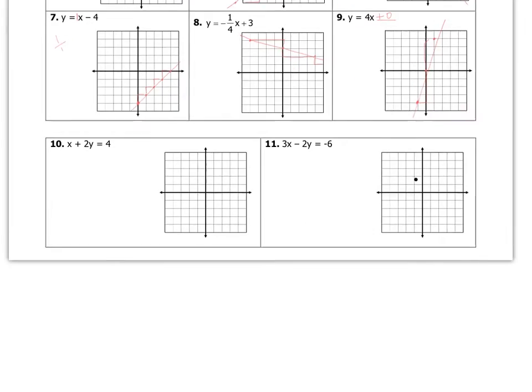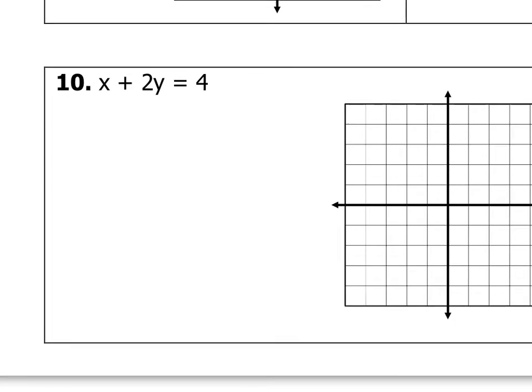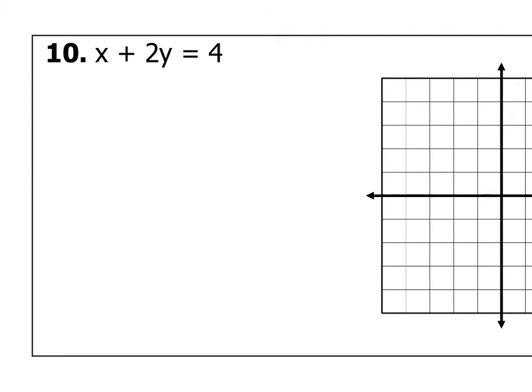Let's look at 10 and 11. All right, so 10, again, not solved for y. So step 1, let's solve this for y. Again, we got to move x over. This is really a 1x, so 1x needs to move over here. So 2y equals negative 1x plus 4. Divide by 2.